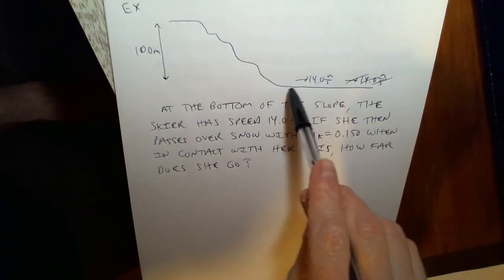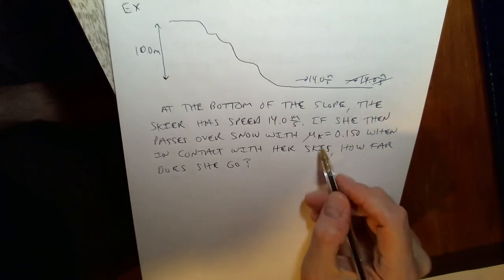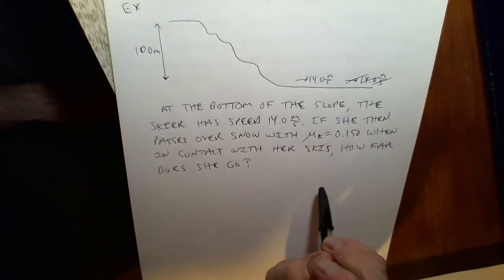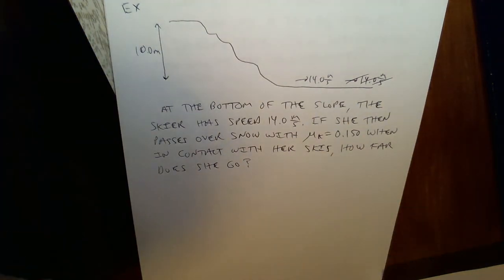And when she gets to this level portion, the snow in contact with her skis gives rise to a coefficient of kinetic friction of 0.15. The coefficient of kinetic friction has a value for pairs of substances, right? So if you have her skis against this snow, it's 0.15. If it's somebody else's skis with, I don't know, more wax, I'm not a skier, but I imagine wax would lubricate things.